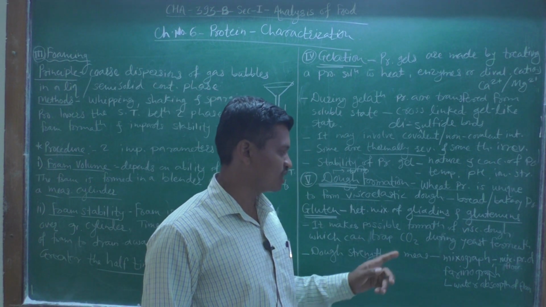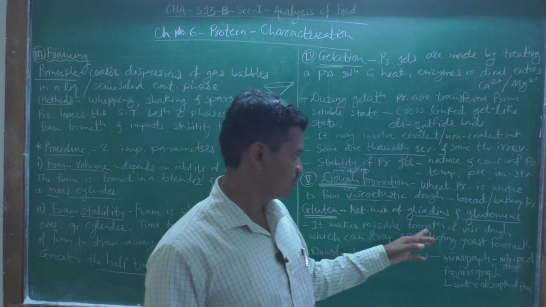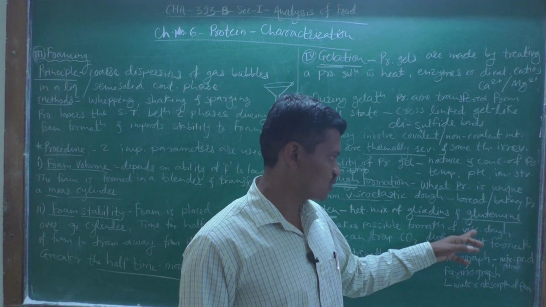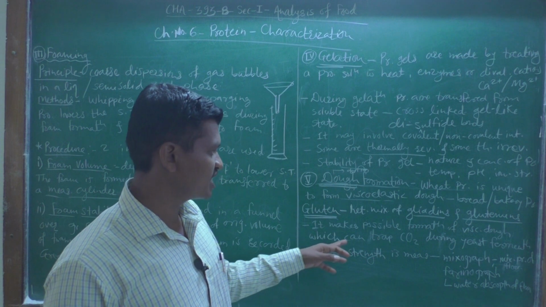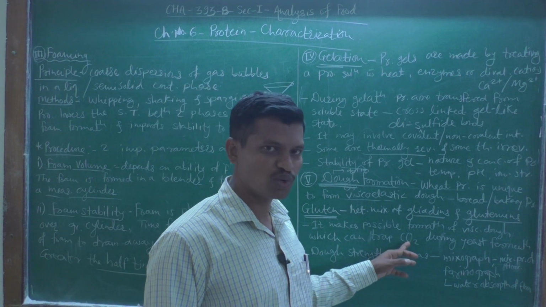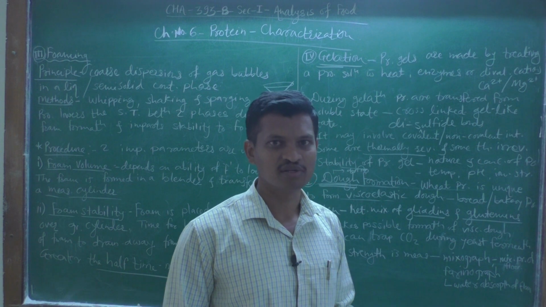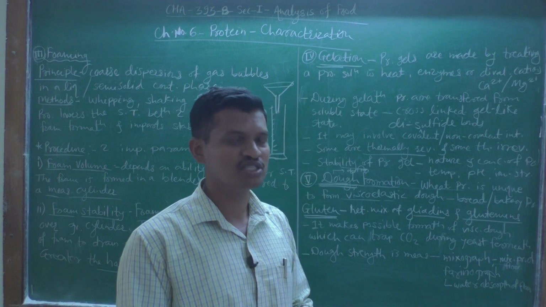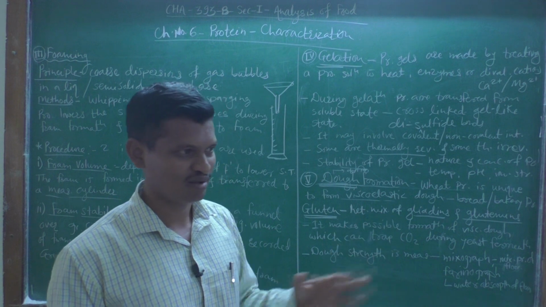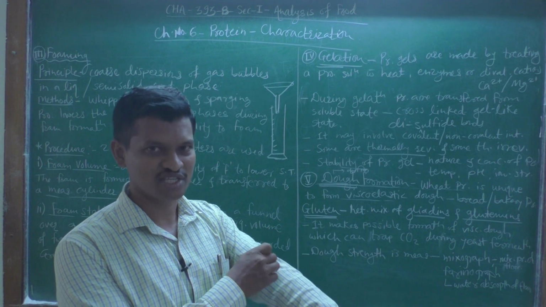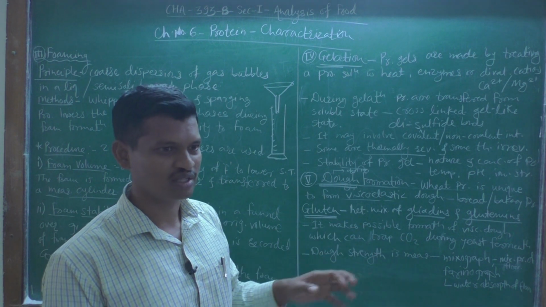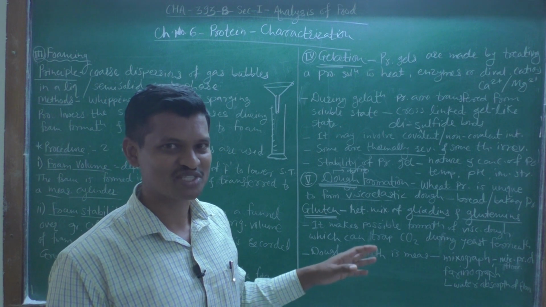It makes possible the formation of viscoelastic dough, which can trap CO2 gas, carbon dioxide gas, during yeast fermentation. This is related to the food industry or food processing; there is nothing chemistry in this.